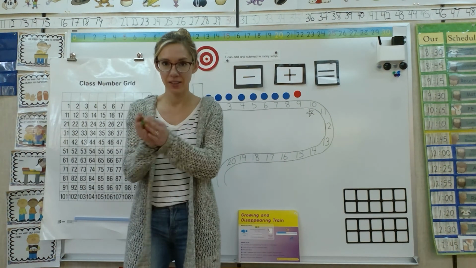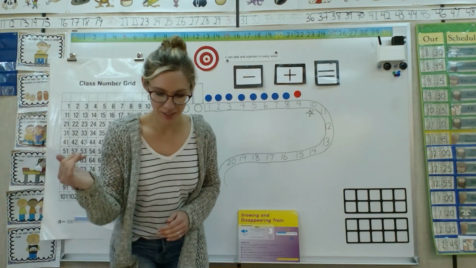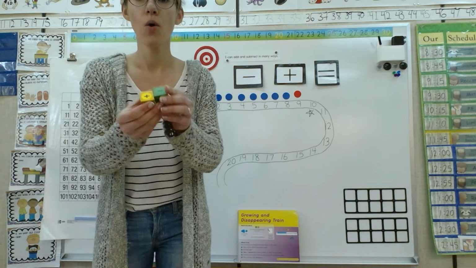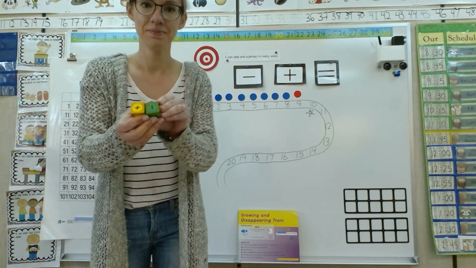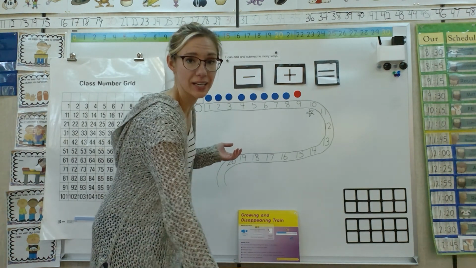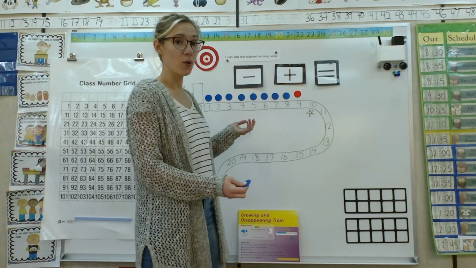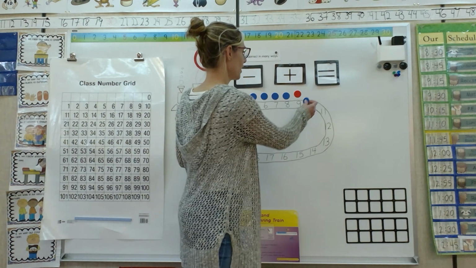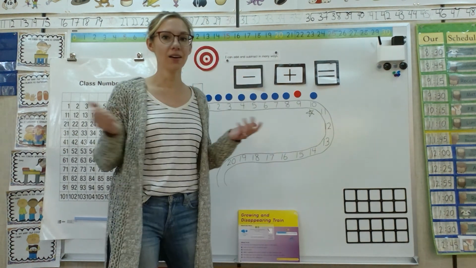All right. Let's roll those dice. Plus 1. Oh no. If we add 1 more to our train, is it more or less than where we started? This one's tricky. Let's add 1.